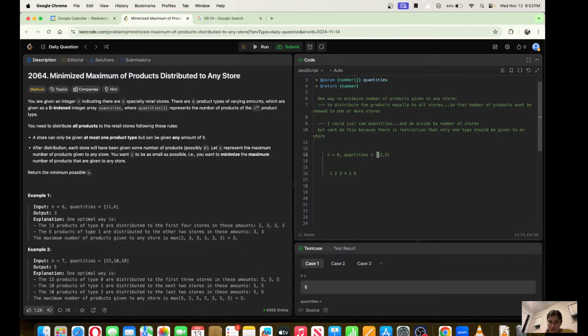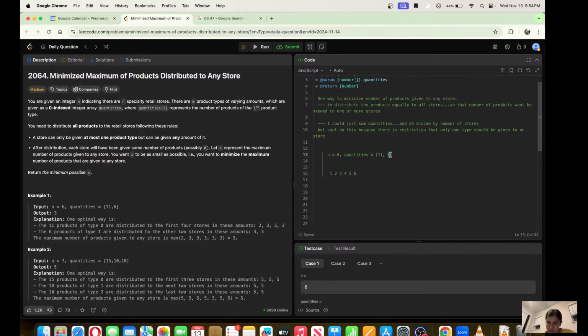So let's start with 6 first. So since there are 6 stores, no, let's start with 11 only first, because I want to make sure that the bigger number gets distributed first.